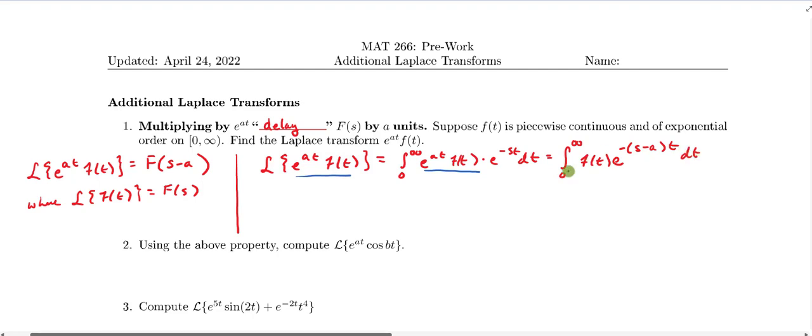This is simply the original Laplace transform, except I've got an s minus a where I normally have an s, so that would just be capital F of s minus a. So we've shown that if we take a function whose Laplace transform we already know, and multiply it by e to the at, it'll just be that function's Laplace transform shifted to the right a units. Let's put that into practice.